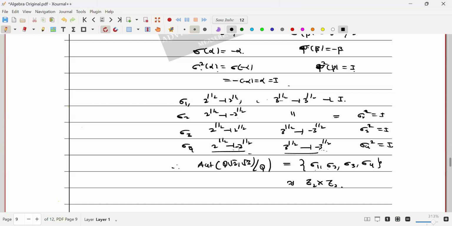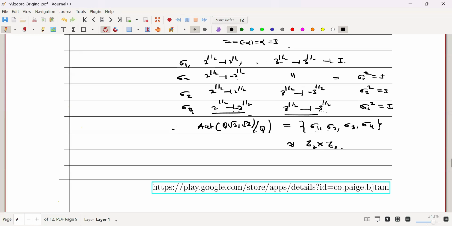Therefore the Galois group of Q root 2, root 3 over Q is isomorphic to Z2 cross Z2.